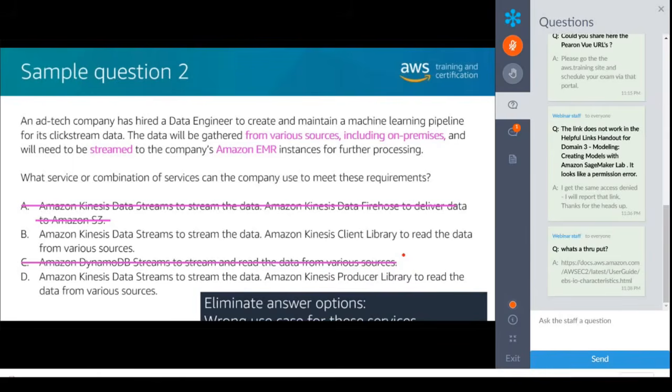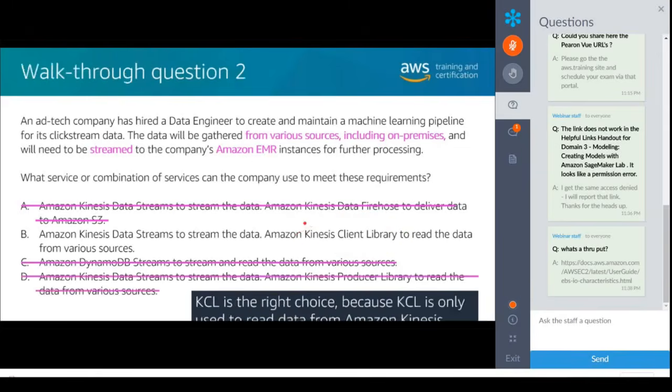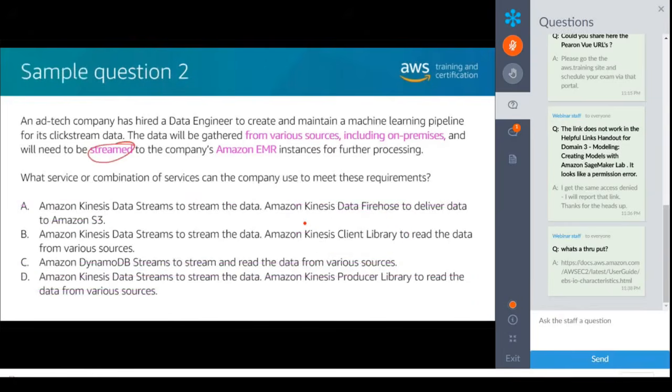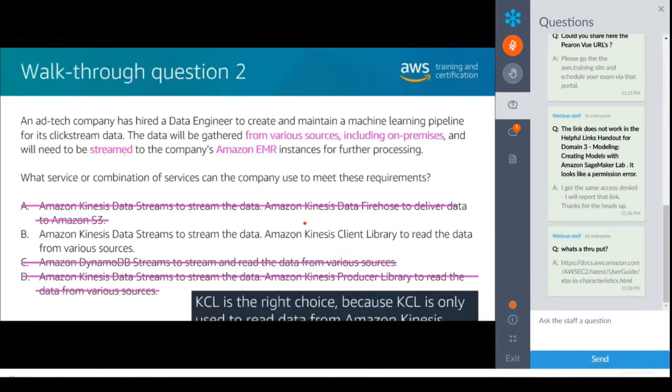Since the question is asking us to fetch or read data from the stream so that we can push it into EMR, it's the KCL that will be used in our code to read from the stream. Oh, and by the way, you'll notice that you have to choose either Kinesis or DynamoDB. Remember, we're quite proud of Kinesis, right? So Kafka is not an option here, and so on.